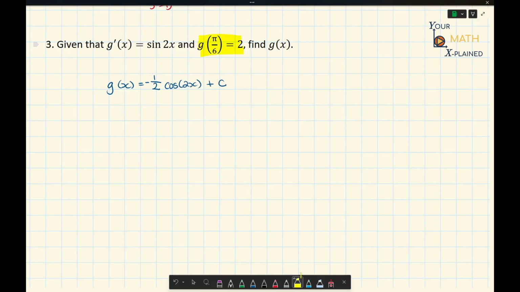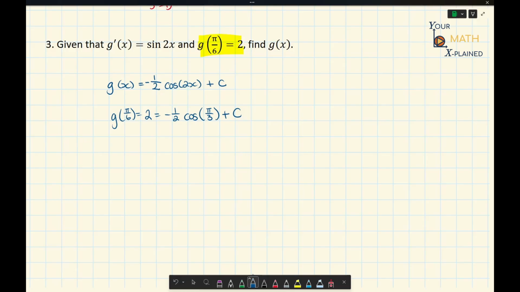So we know that g of pi over 6 is equal to 2, which means if we substitute that in, we get g of pi over 6 is equal to 2, and this is equal to negative 1/2 times cosine of 2 times pi over 6, which is pi over 3, plus c.